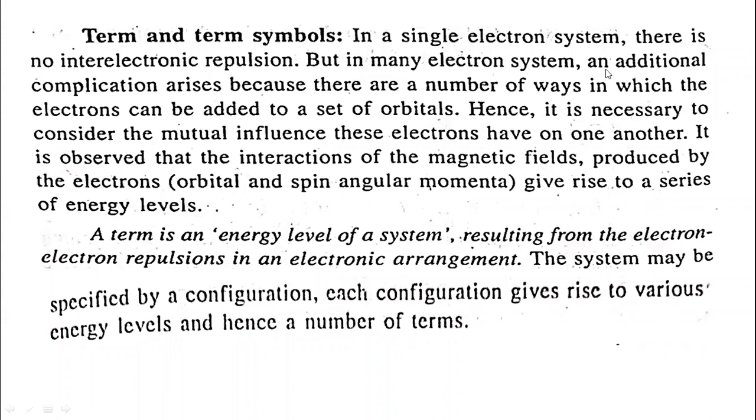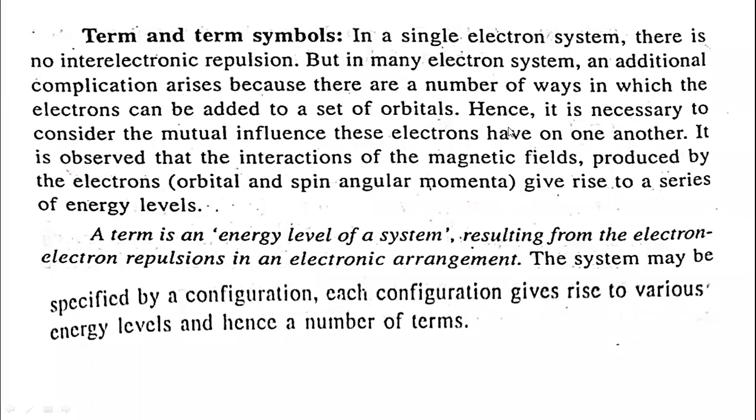In a single electron system, there is no inter-electronic repulsion. That is true. If only one electron is there, for example hydrogen, 1s1 electronic configuration, no repulsion, only one electron is there. But in a many-electron system, additional complications arise because there are a number of ways in which the electrons can be added to a set of orbitals.